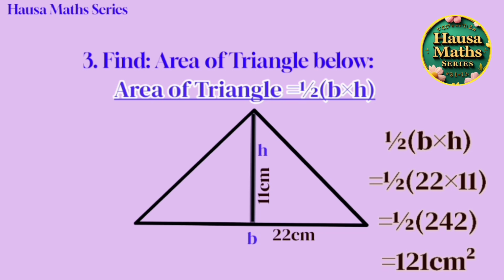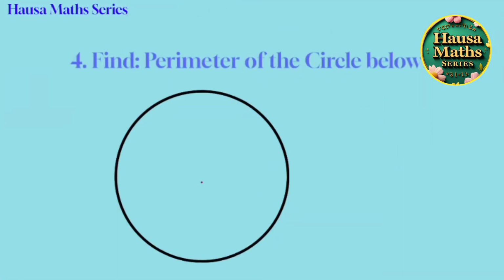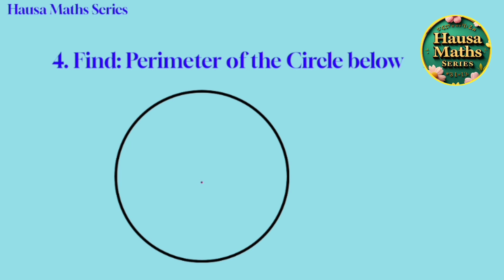Now we are moving to the next example, circle. We are going to start with perimeter of circle below. What we need to know first is what is radius. Radius is a line that starts from the circumference, means the surface of the circle, directly to the center of the circle.